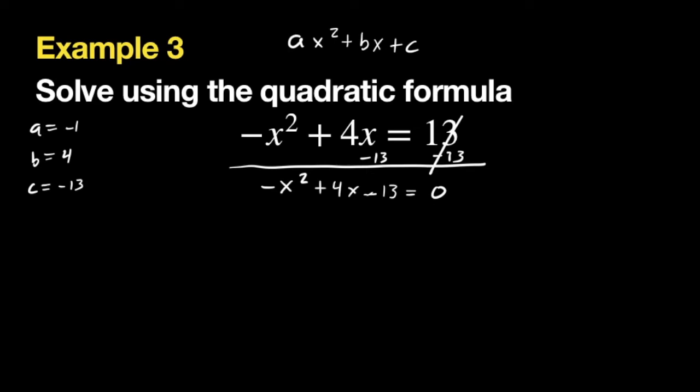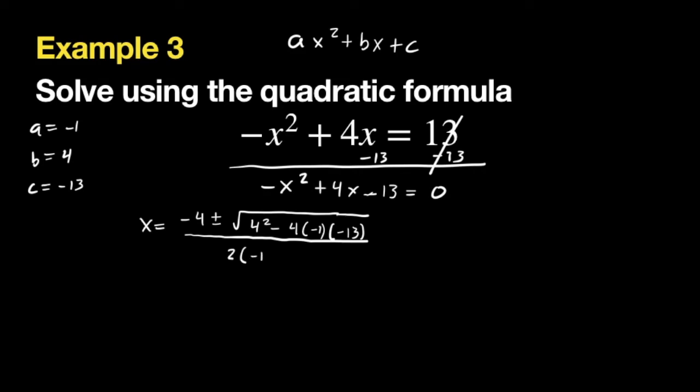So in this case, we're going to get x is equal to -4 plus or minus the square root of 4 to the second power minus 4 times -1 times -13. Be careful with your negatives because now we have a bunch of negatives. And then this is going to be divided by 2 times -1.